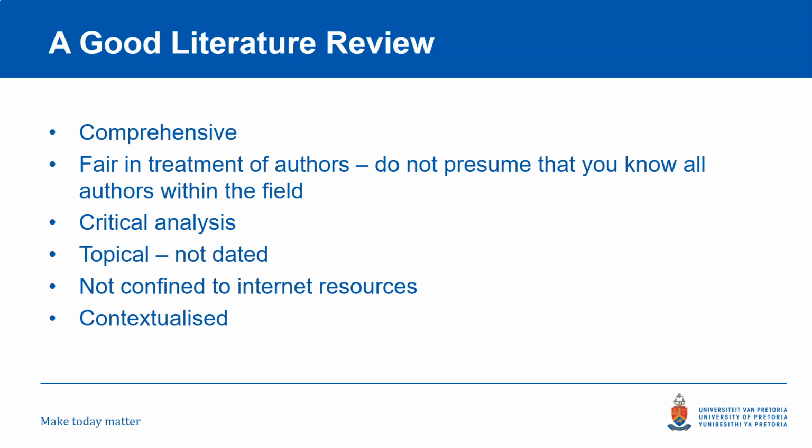If you do a keyword search, give every author a fair chance, read the abstract, see if it's relevant to you, and then save it if you want to use it, ignore it if you don't want to use it. But do not just disregard an author because, oh, their name reads funny, or some other conclusions you might have made about the author.